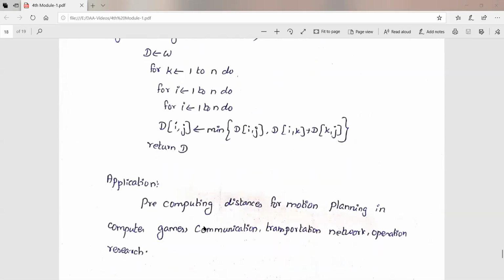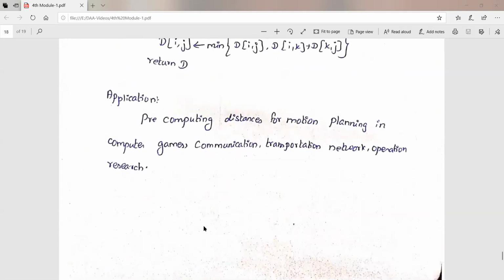Okay, so applications of the Floyd's algorithm. So this is useful for pre-computing the distances for the motion planning in computer games. Otherwise we can use it for communication purposes, the transportation network, and also the Floyd's algorithm is used in operations research. Okay, so mainly the Floyd's algorithm is used to find the all pair shortest path.